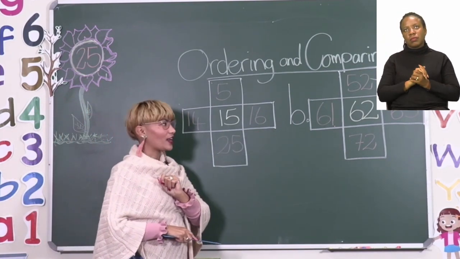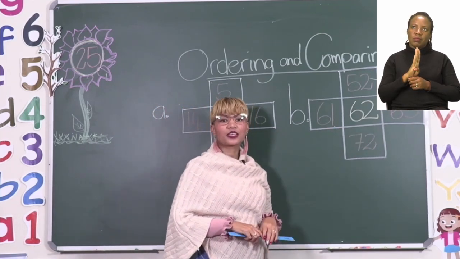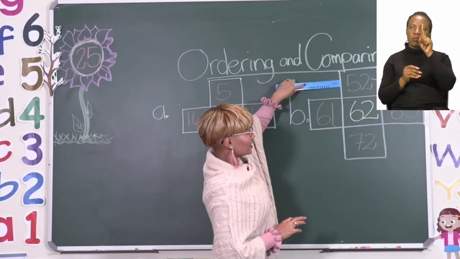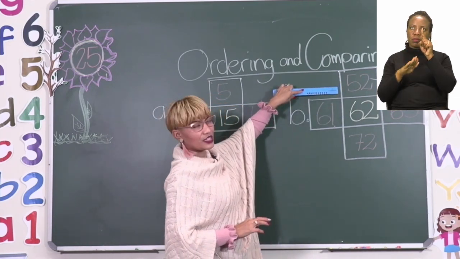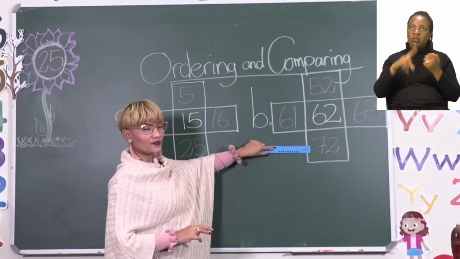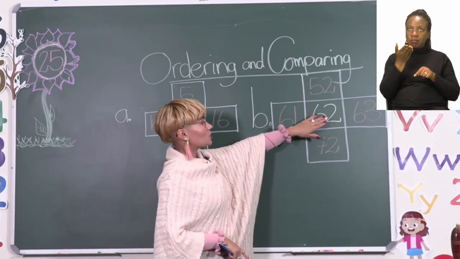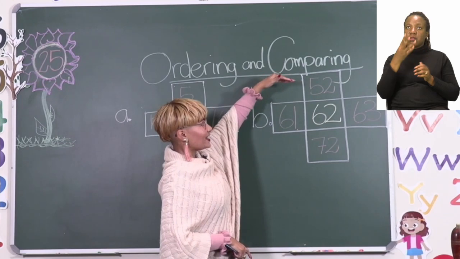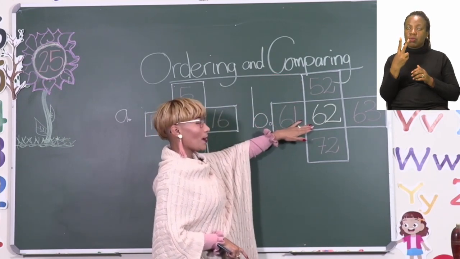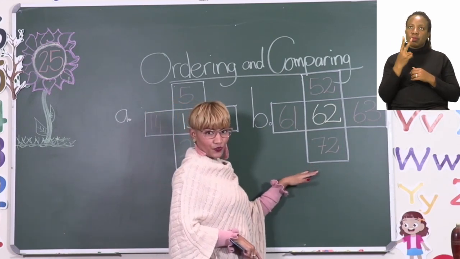Let's quickly go ahead and look at the next example, which is the number 62. 10 less, 52. 10 more, 72. Meaning 62 minus 10 is 52. 62 plus 10 is 72.